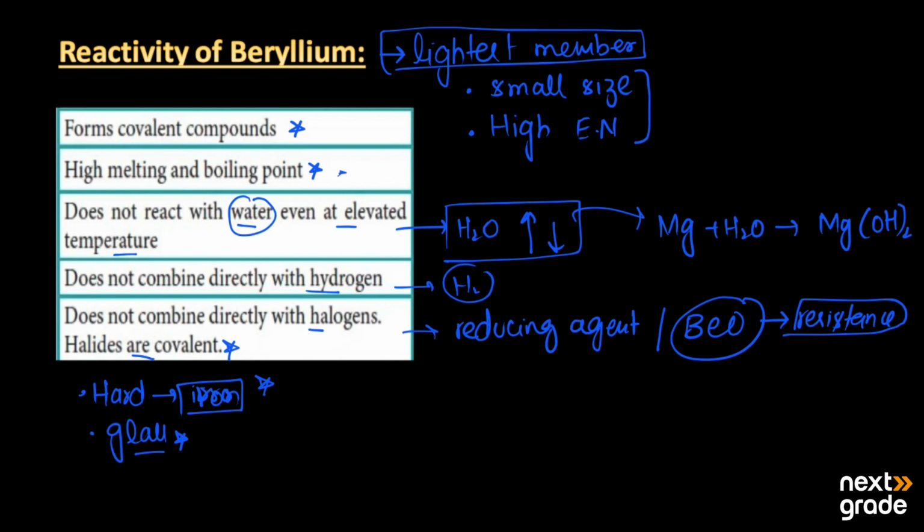Next, we have the reducing ability of beryllium. We have already learned that the group 2A elements all have reducing power, or they are known as reducing agents, as all the elements can reduce water.